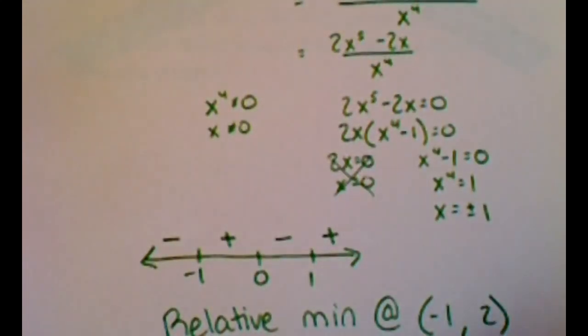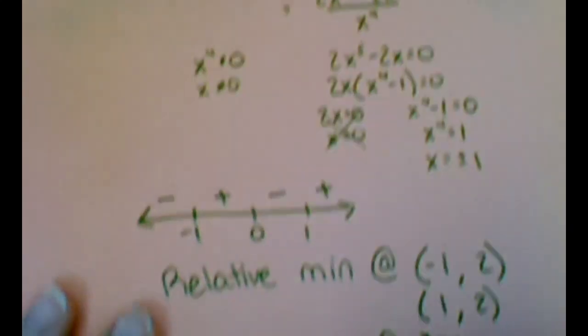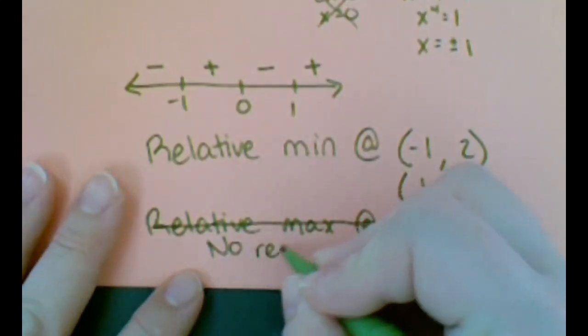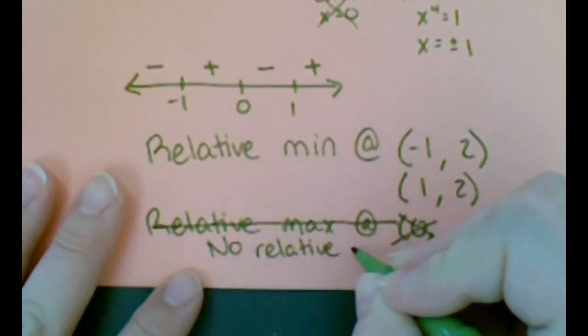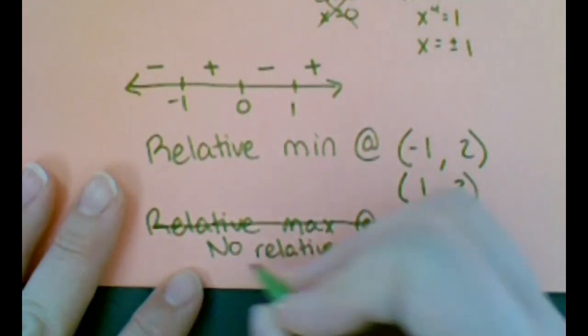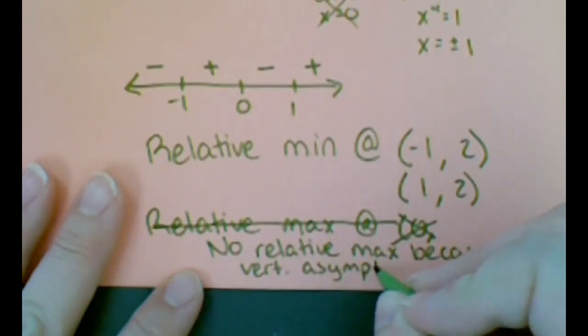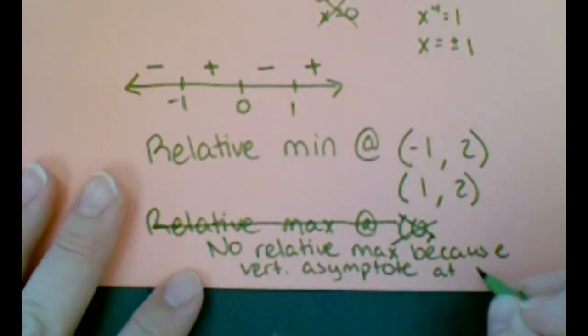Plug in positive 1, I also get 2. Plug in 0, it is undefined. That is not a relative maximum. There is no relative maximum because there's a vertical asymptote at x equals 0.